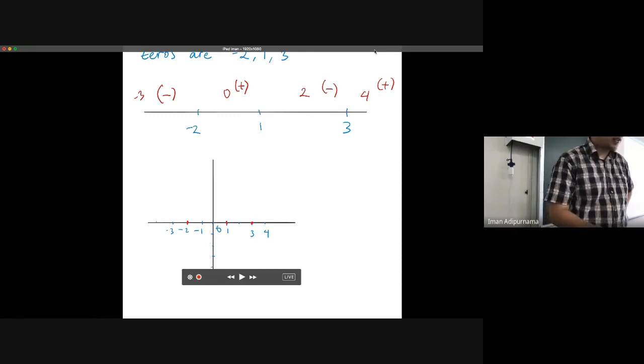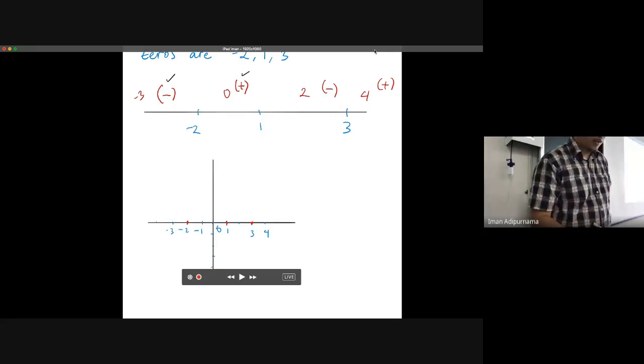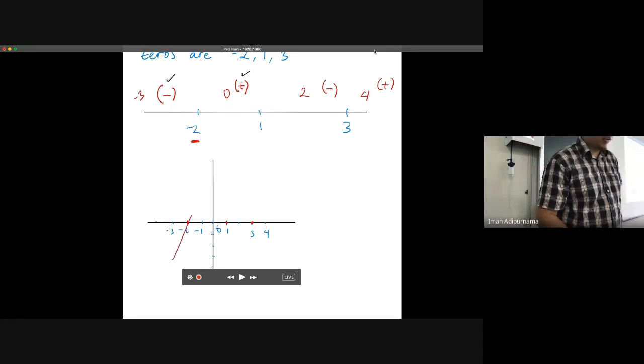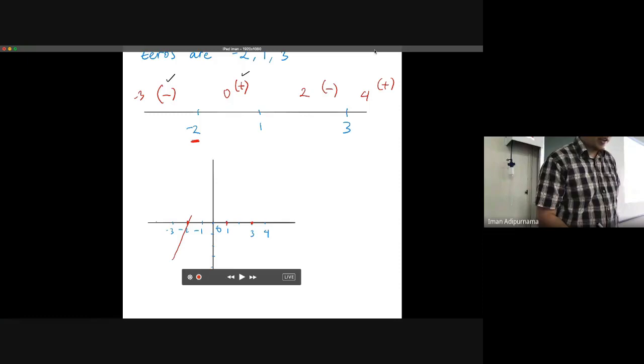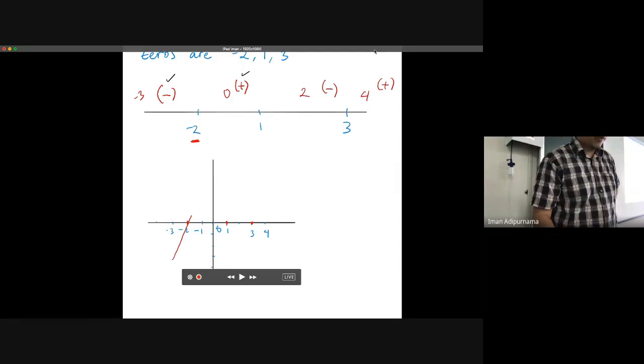So this sign pattern, negative, positive, negative, positive, means in -2, it is changing from negative to positive, right? So maybe the graph will be around here, going up until it's reaching the positive. And for the 1 here, it should be from positive to negative, so it should be around here, right?